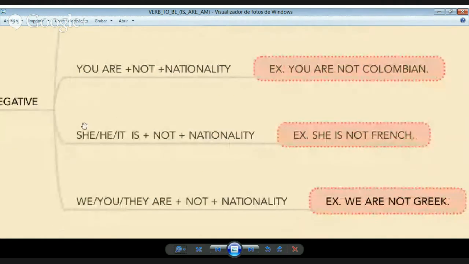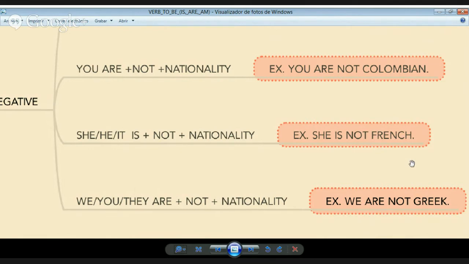If you want to use the third person singular, she, he, and it, so you say she is not plus the nationality. Example, she is not French. She is not American. She is not Salvadorian. Example, you can say he is not Salvadorian.